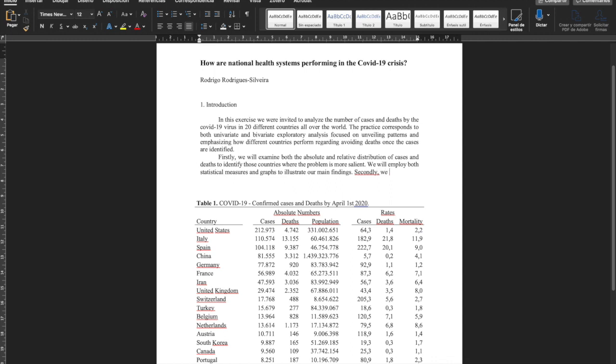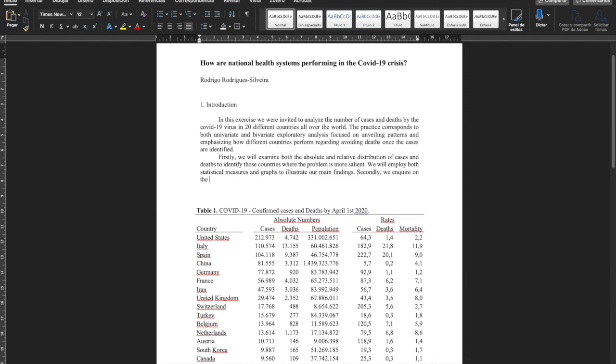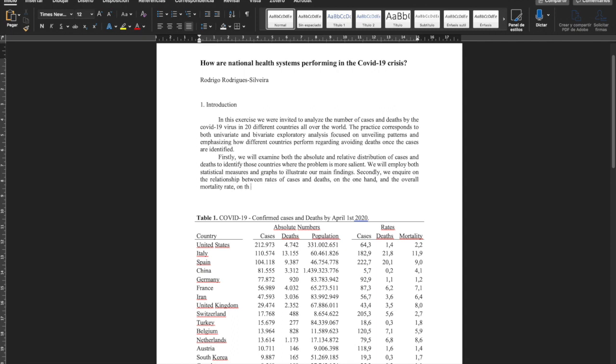Secondly, we inquire on the relationship between cases and deaths, and between the rates of cases and deaths on the one hand, and the overall mortality rate on the other.